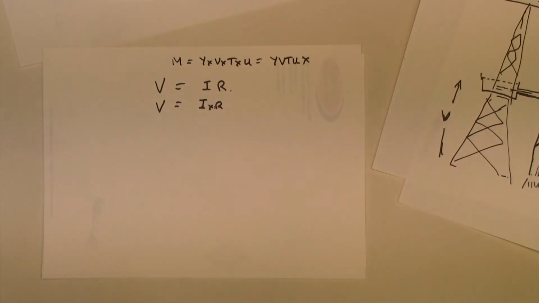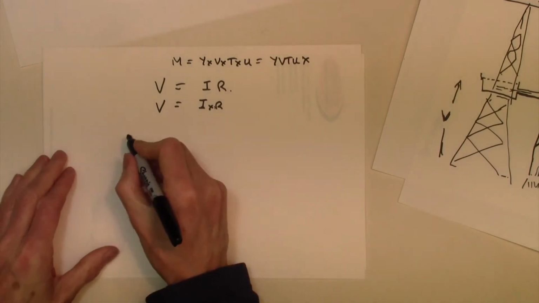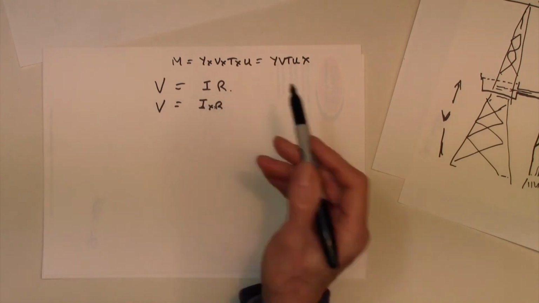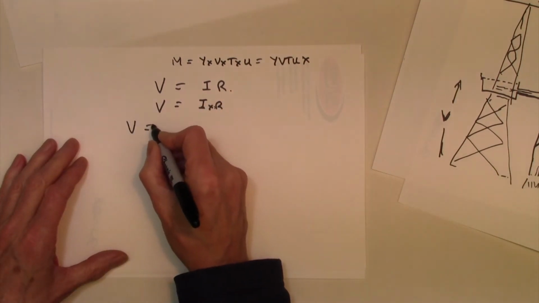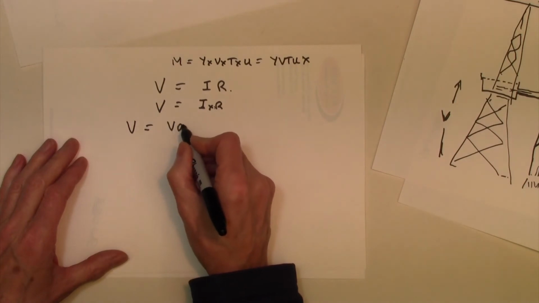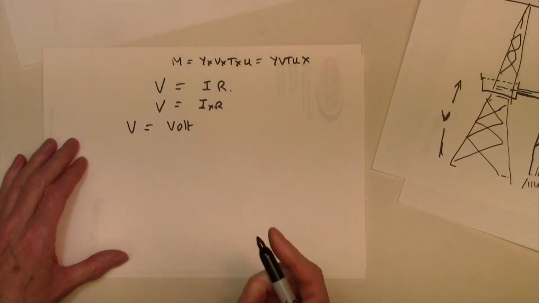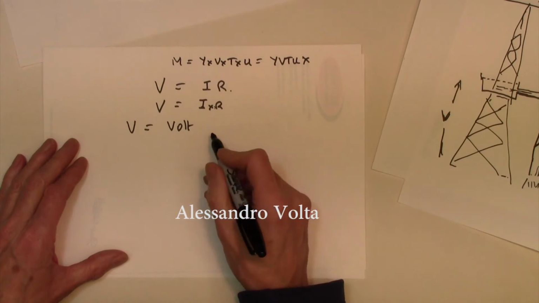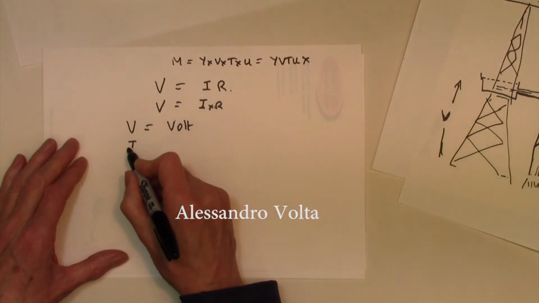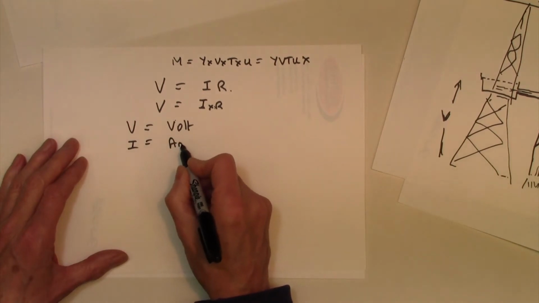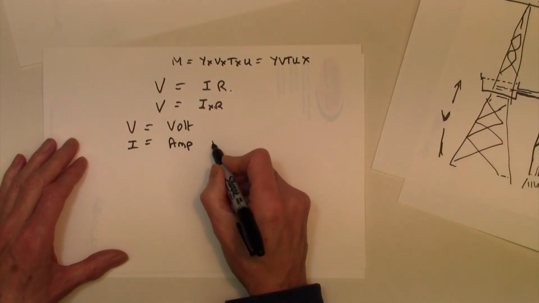And we need to first of all look at the units that are used for voltage, current and resistance. Yes, what are the units? Well, I gave it away. Our unit of voltage is the volt, I believe named after Voltaire, who discovered it. Our unit of current is the amp, and I believe named after a Frenchman.